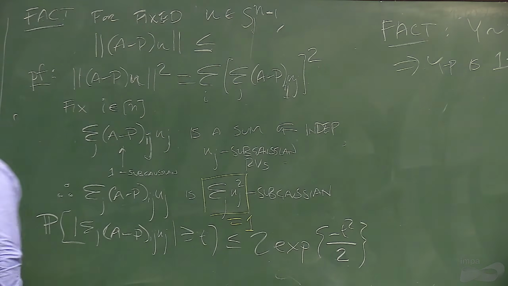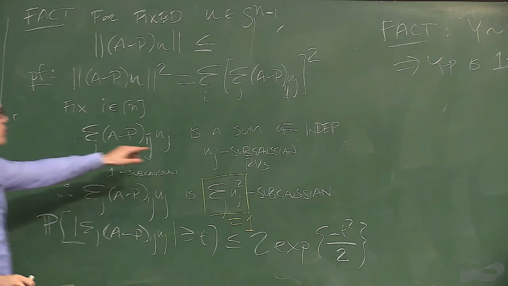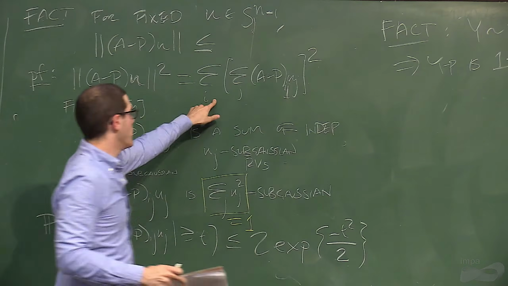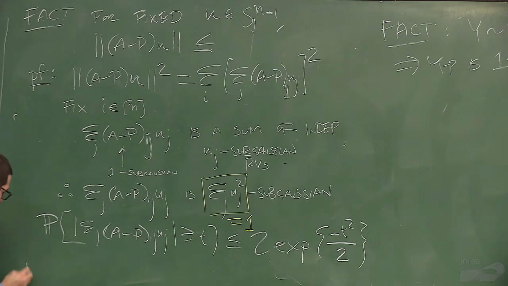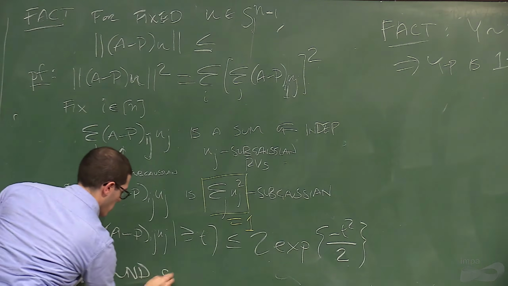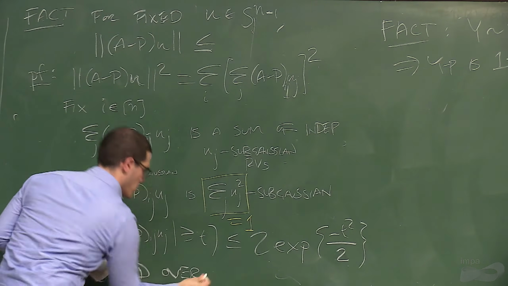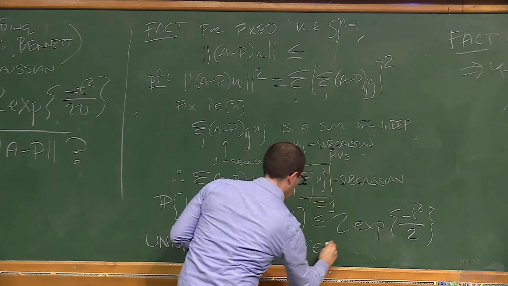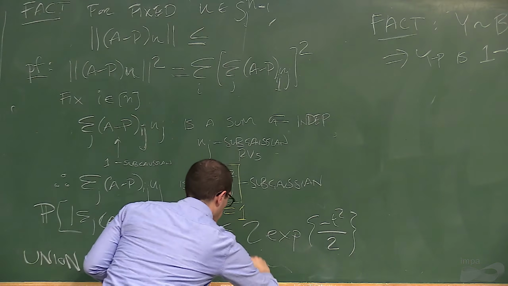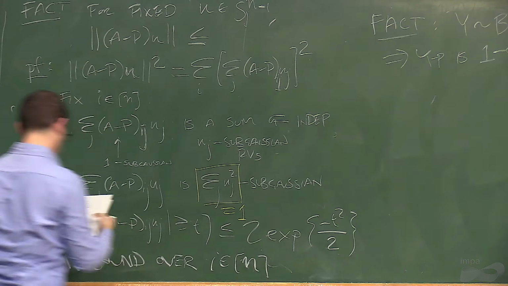Okay. Okay, we're almost done. We controlled one of these, right? But I have to control n of them, so I need to make a union bound over all the i in n. Oh my gosh, a union bound over all the rows of A minus P.